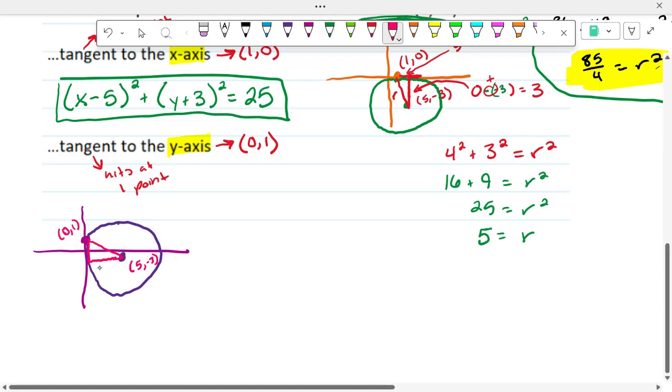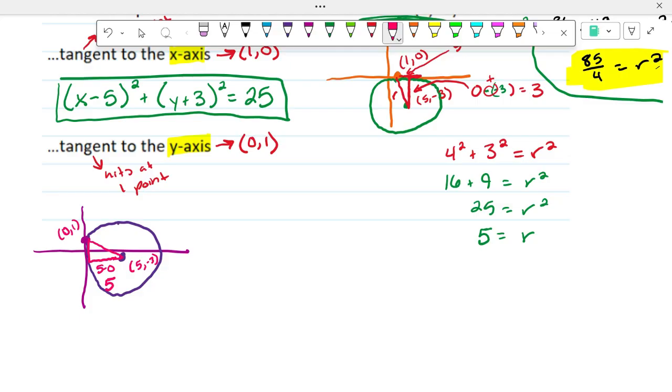So for our horizontal, what are we subtracting? 5 minus 0. So that'll give us 5. Because remember, you always want to do biggest minus smallest. What about up here, the vertical? We do 1 minus negative 3. So that would equal 4.